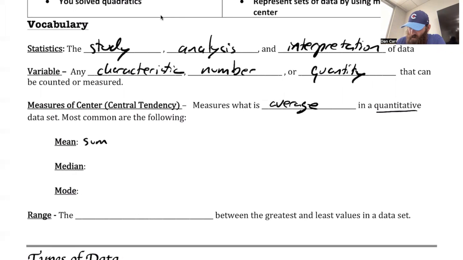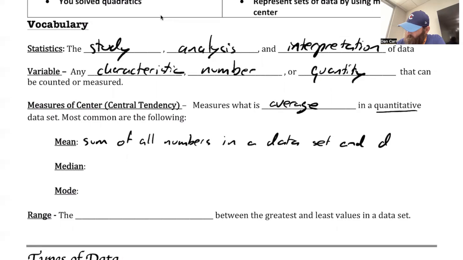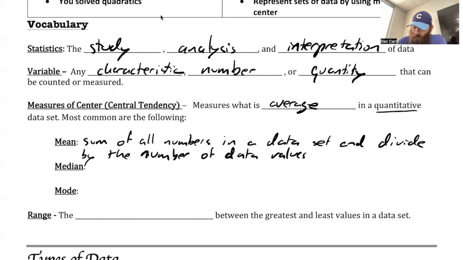Mean is when we take the sum of all numbers in a data set and divide by the number of data values.